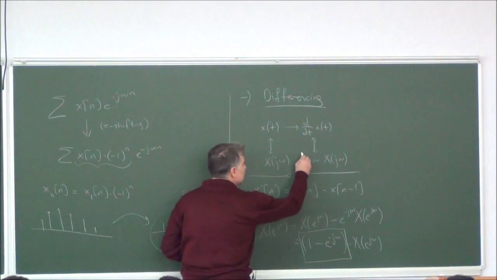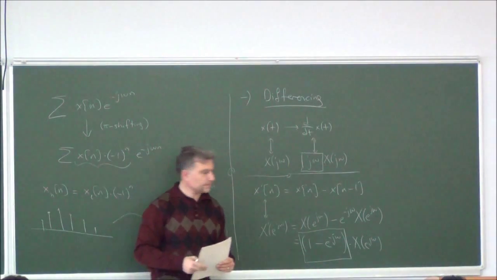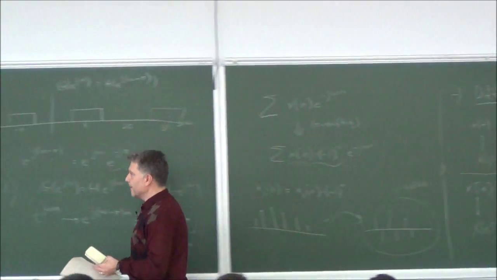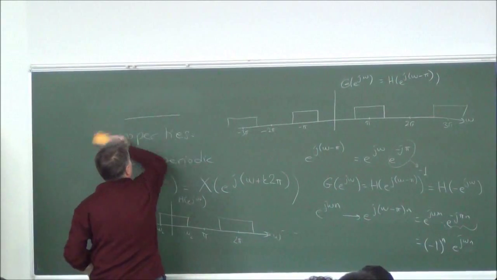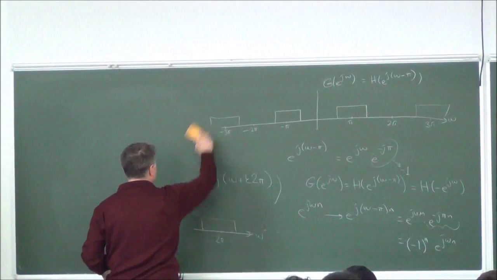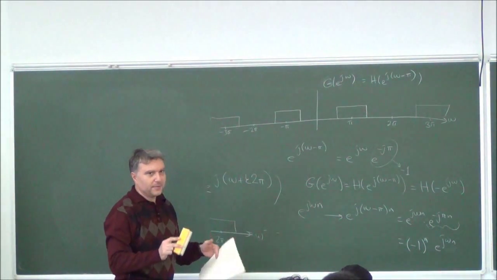But whether it is similar to a multiplication with j omega is another question. It looks very different, right? For the first, we are multiplying by j omega. For the second, we are multiplying by 1 minus e to the minus j omega. They look very, very different.